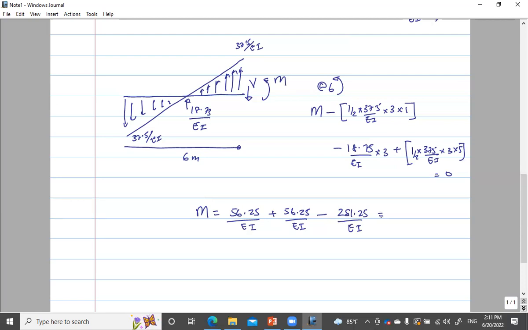That is 56.25 plus 56.25 minus 281.25, which is minus 168.75 over EI.